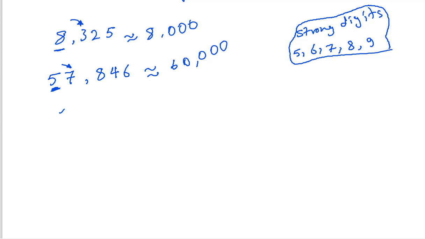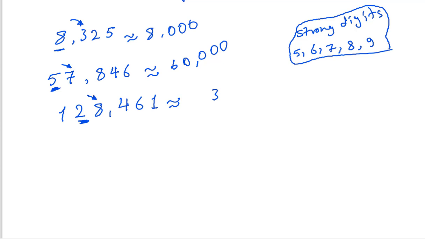Okay, another example, 128,461. And this time to the nearest 10,000. So again, the 2 will stay as it is or go up to be 3. Because we have a strong digit to the right, the 2 will be 3.